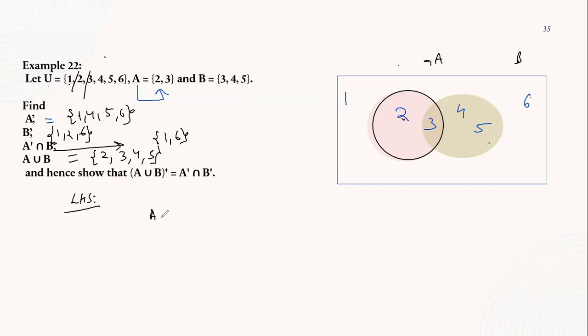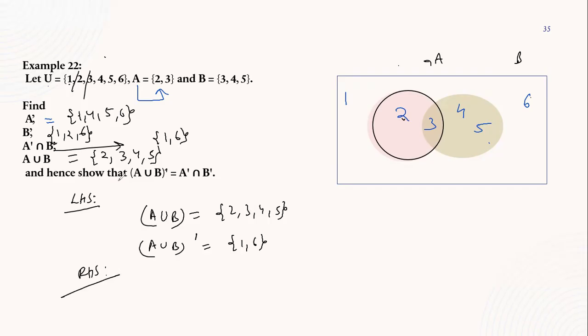A union B means 2, 3, 4, 5. And A union B complement will be everything except 2, 3, 4, 5. So 1, 6 and the remaining. This is our LHS.